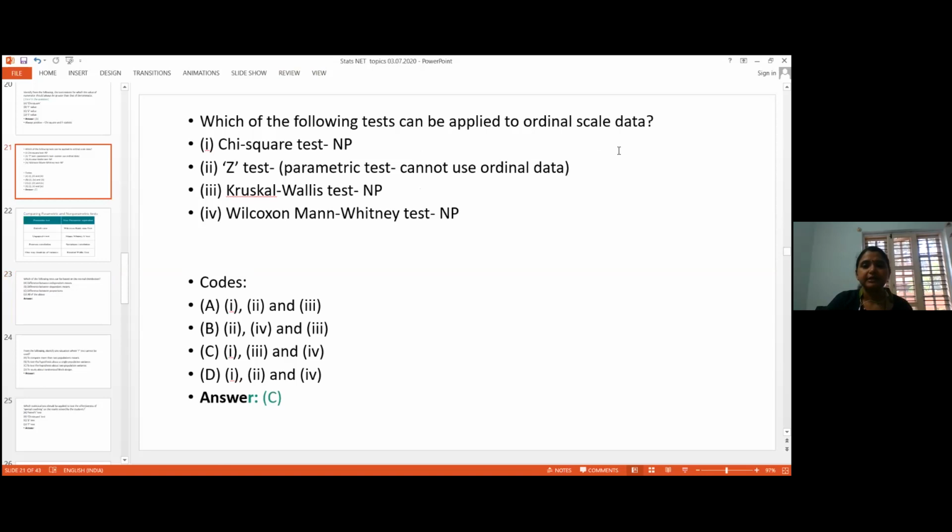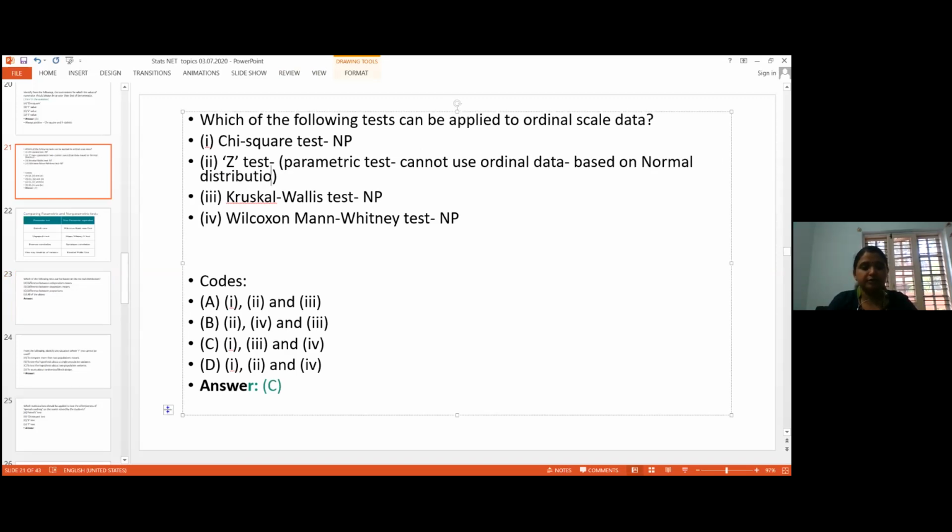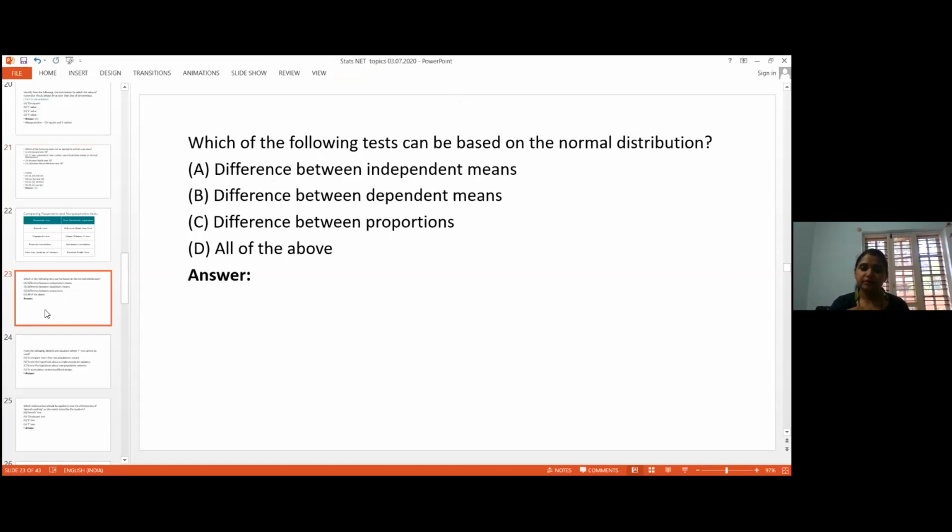Z test is a test that is based on normal distribution. This is a test that is purely based on normal distribution. So how do we use that normal distribution here? And if I have any answer, then it is good. Let me check if there is any chat with an answer.